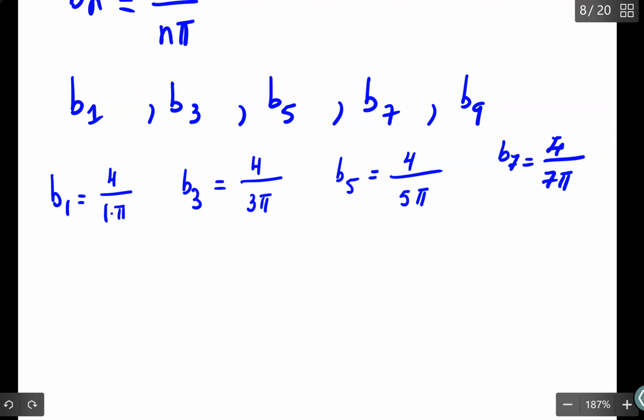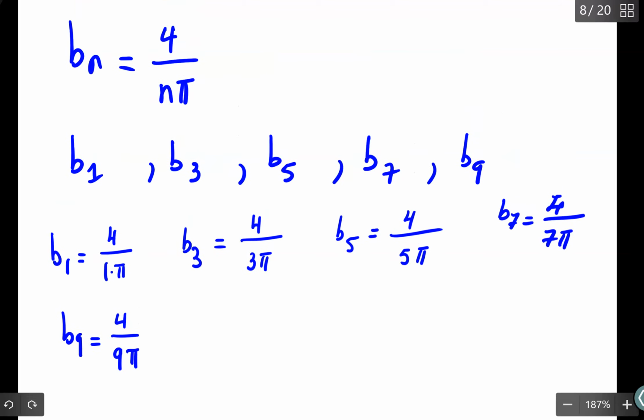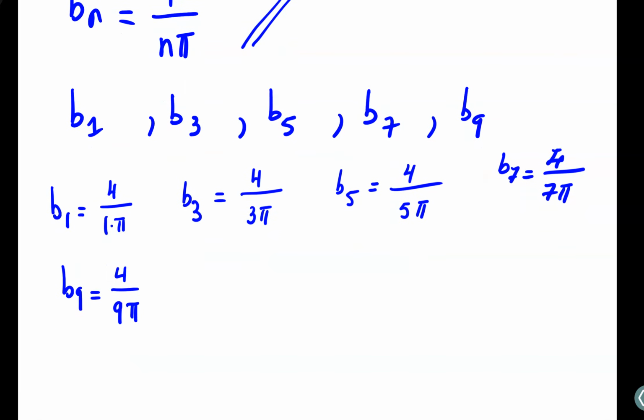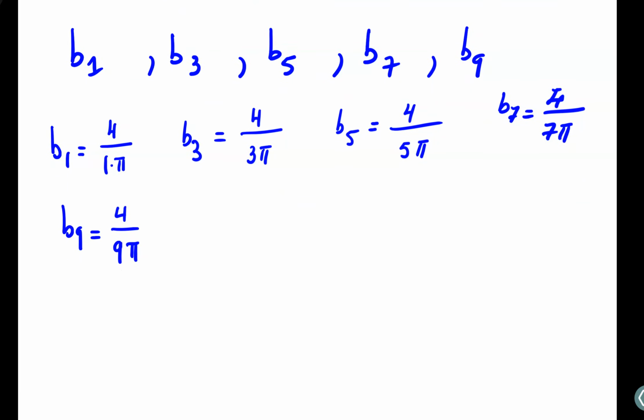And b9 is equal to 4 over 9 times pi. These are the 5 Fourier coefficients that you found from integrating. Because I'm asking you to find just 5 terms, you pull out the 5 Fourier coefficients.